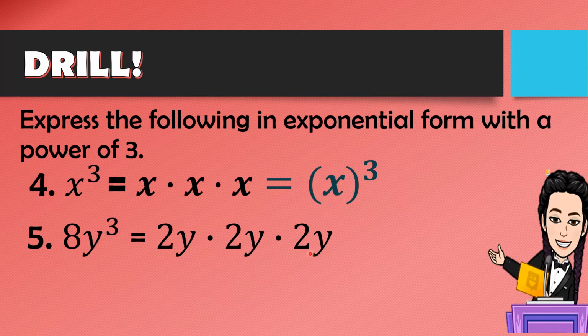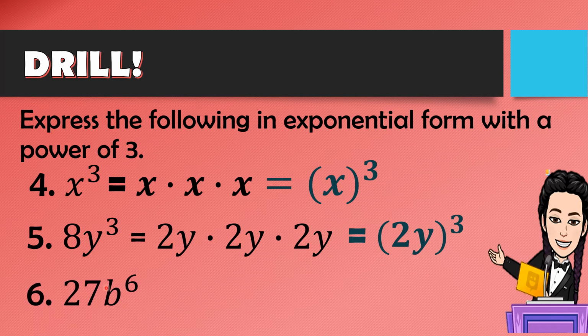Kapag chinek natin to, 2 times 2 is 4 times 2 is 8, and then y times y times y is y cubed. Now, this is equal to cube of 2y. So, tingnan nyo mabuti ha, yung factor na to ang ginamit natin as base sa ating power of 3.